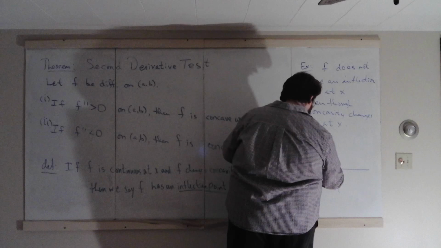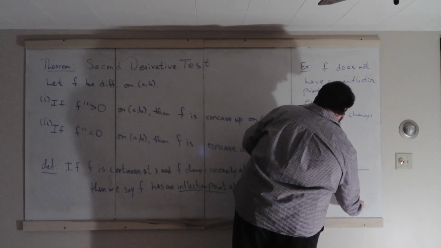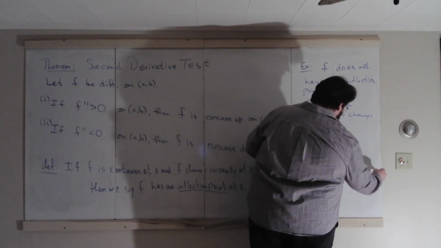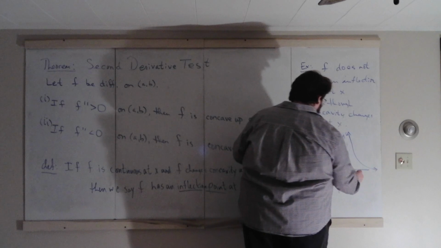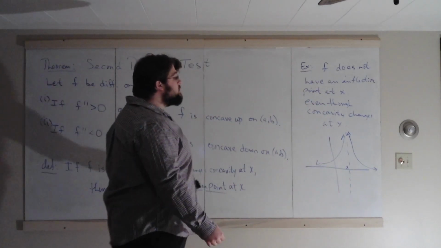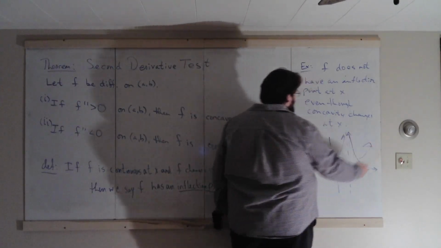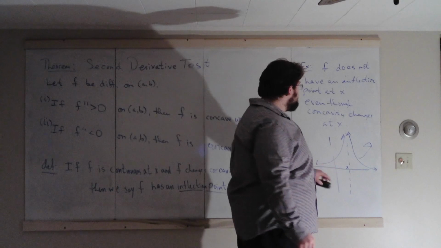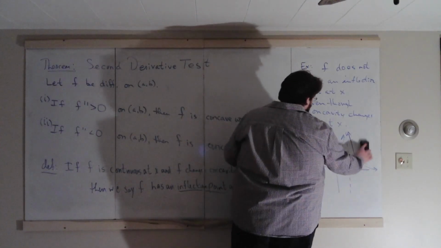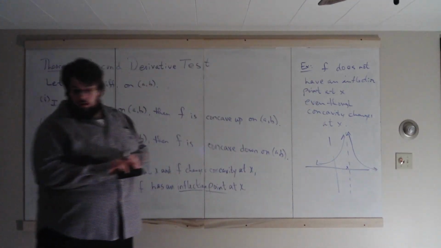Let's put, I don't know, something like that. What would it look like? Something like this, maybe. So if x is at that asymptote, this function does change concavity at x, because on this side it's concave up, and on this side it's also concave up, but it's not continuous. This one does not have an inflection point there. We would need it to be continuous for it to have an inflection point.